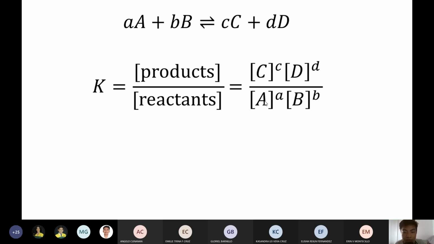Then, sa baba naman, sa reactants nyo, ganun din: concentration of A times concentration of B. The coefficients are going to be our exponents. So ayan, small letter a, magiging exponent yan ni A, and yung b, magiging exponent yan ni B. Okay?